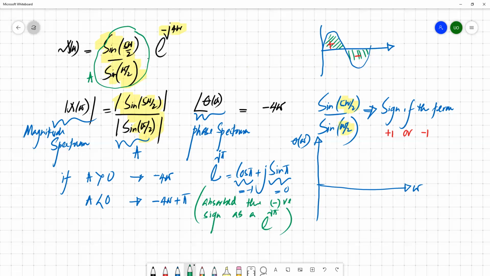If this A factor is less than 0, it means in addition to the magnitude, we have a minus sign in front. That minus sign can be absorbed into the phase as an e to the power j phi term, and then the phase spectrum would be minus 4 omega plus phi. So keep that in mind.